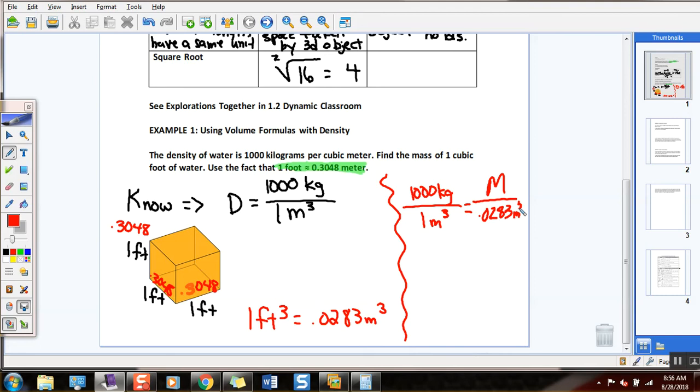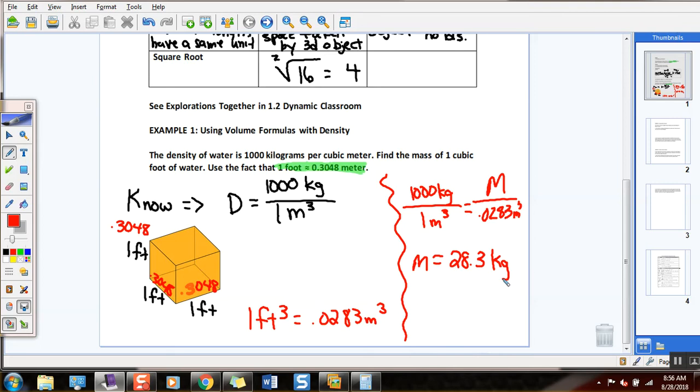Okay, so how many kilograms would that be if I move the decimal 3 to the right? 28.3, and then 28.3 divided by 1. So we get M is equal to 28.3. What unit would this be for an unknown mass up here? Kilograms. Okay. 28.3 kilograms there, all right?